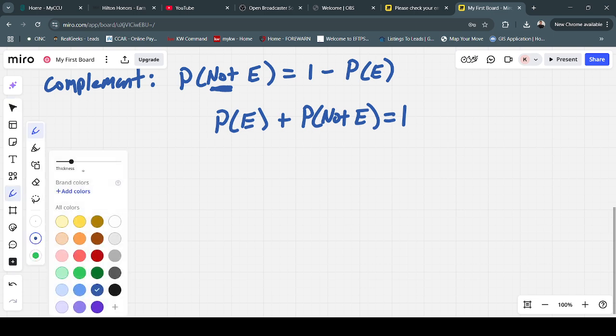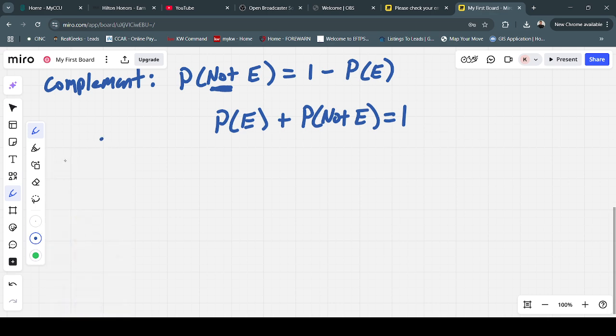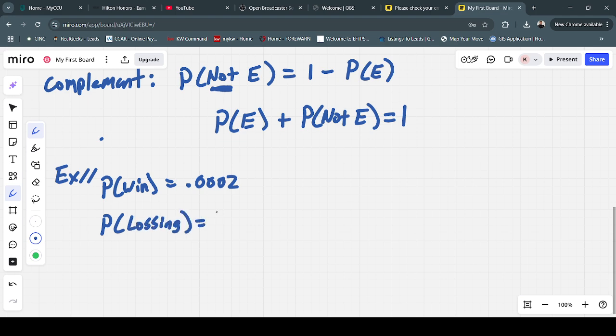So for that example, if we're looking at the probability of winning, I'm going to shorthand this a little bit, it's equal to 0.0002. What's the probability of losing? That's essentially what I want to know. If I know the probability of winning is 0.0002, how can I find the probability of losing? Well, losing is not winning, right?